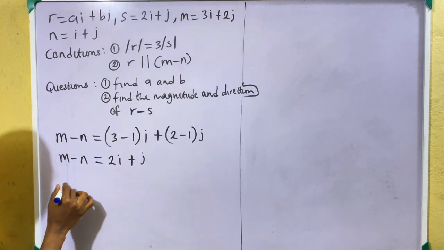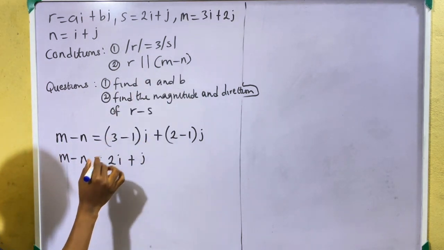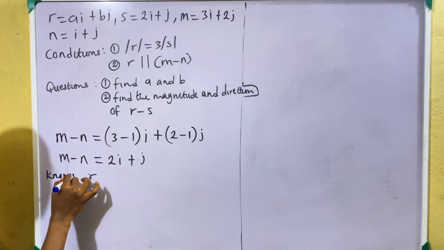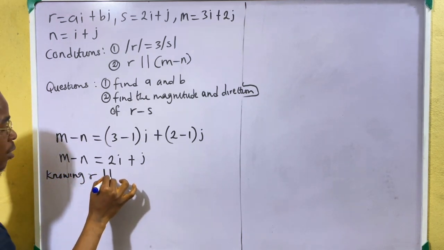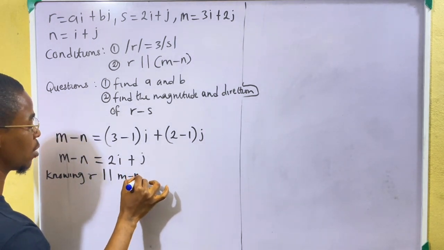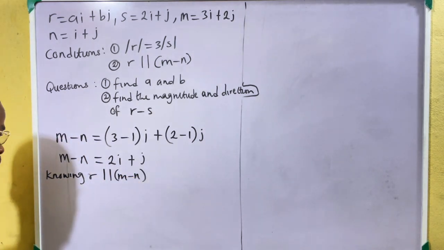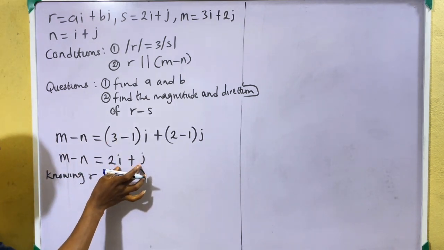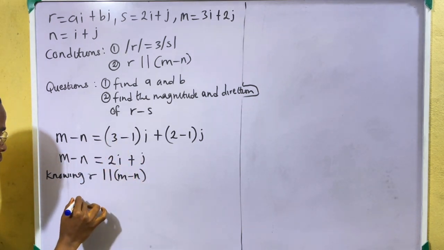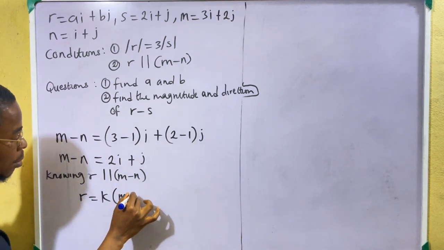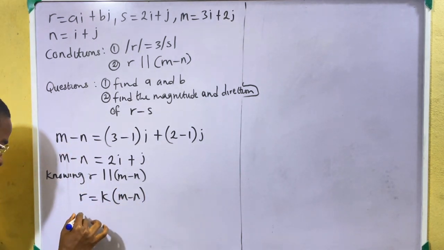So we can state the condition, knowing r is parallel to (m minus n). We can assign the value of k to multiply this, to look like r equal to k(m minus n).